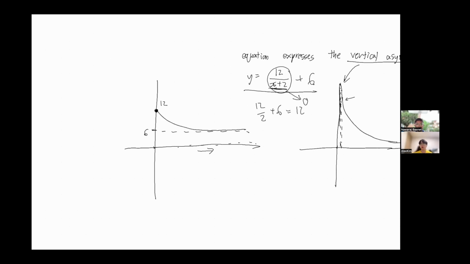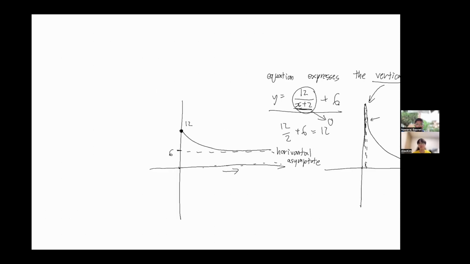This is what we call a horizontal asymptote, because it's an asymptote in the horizontal direction. Do you understand? Yes, sir. But this question is asking for the vertical asymptote.